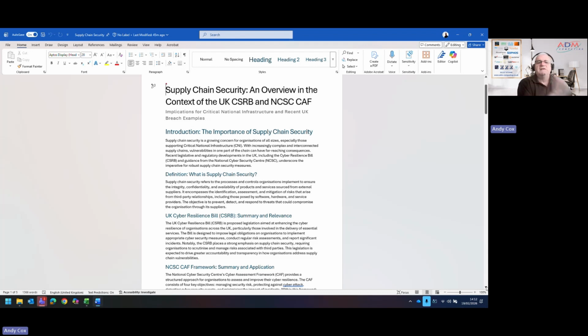So supply chain security is a growing concern for organizations of all sizes, which is very true. Everything is interconnected these days. You can have the smallest company supplying something to a third party, and that something they supply is a critical part of something that third party manufactures.